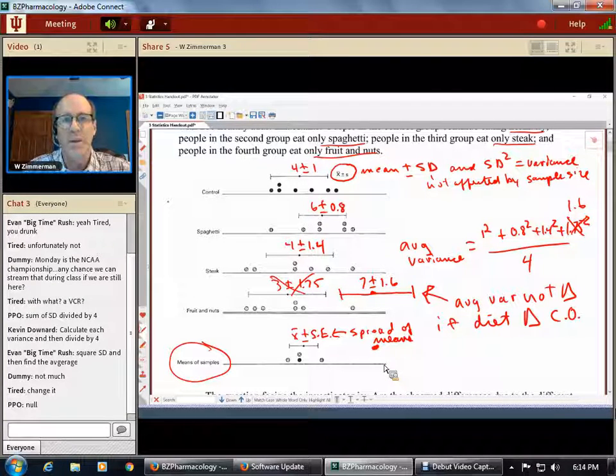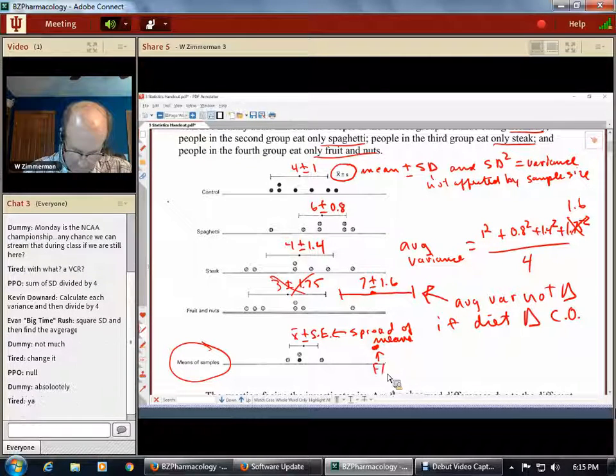Will that spread of means be affected if the fruits and nuts were at 7 instead of 3? Yep, it will be. So this is what tends to get lost in actually calculating an ANOVA. Calculating that standard error is not easy.